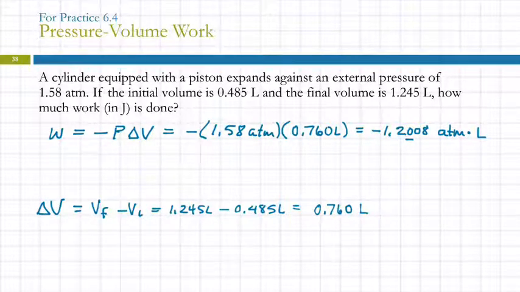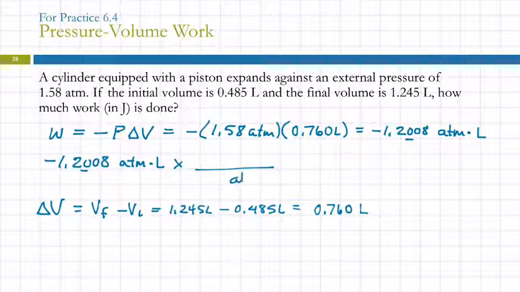So we just need to do a little unit conversion. Times, we want atmosphere liters on the bottom, and we want joules on top. And we go look this up. 101.3 joules is equal to 1 atmosphere liter.